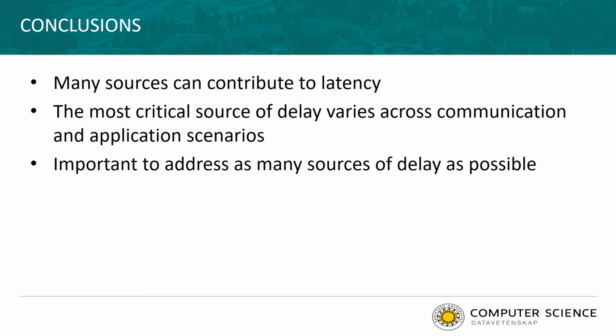It's not sufficient to just remove one of the sources of delay and think that we have solved the problem. We have seen that there are many different techniques that can be applied to reduce latency. We have touched on them briefly in this lecture, and you can also refer to the survey paper for more details on many of these techniques.